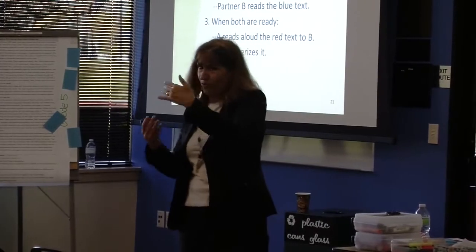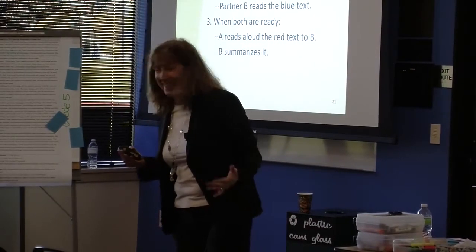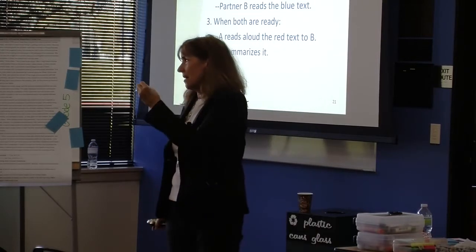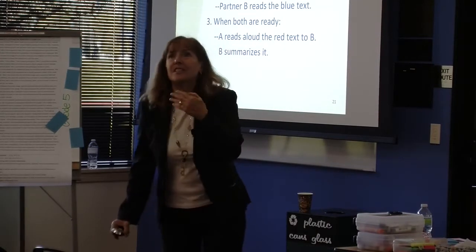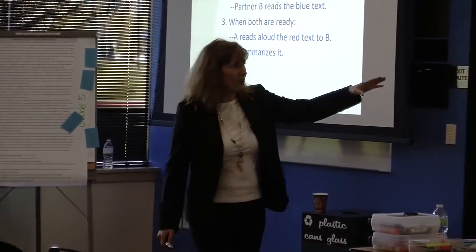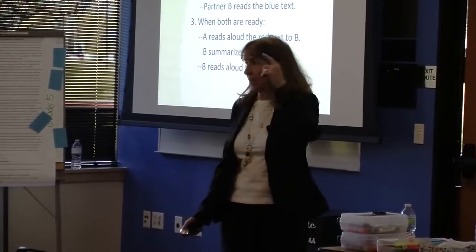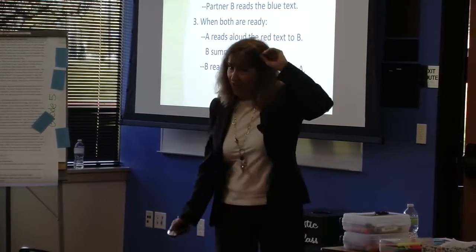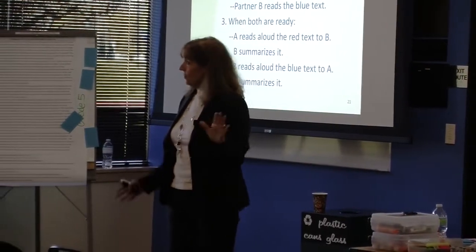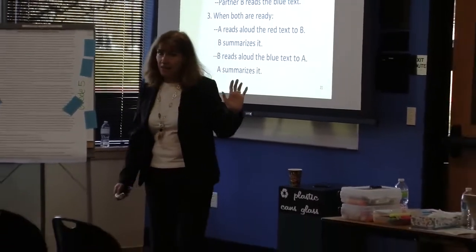And you may need to reread. Would you read that to me again? You may need to do a little bit of that, but the idea is that this becomes something that you ultimately can articulate without going back to these quotes. And then you switch, partner B reads aloud the blue text, which he had prepared in silent reading, and then A summarizes that. So let's do this first slide, and then we'll try it in a minute.